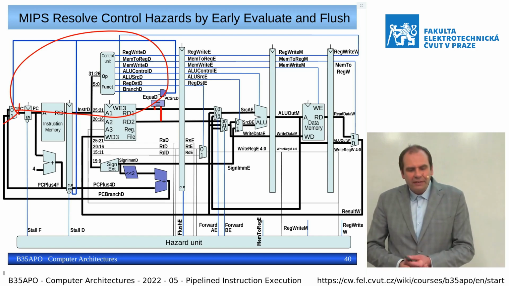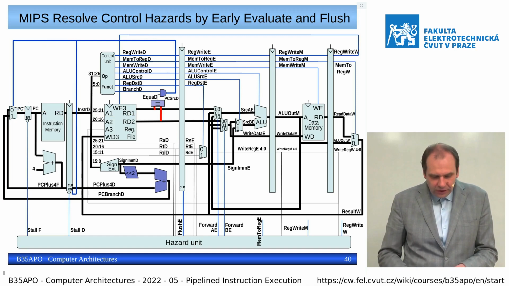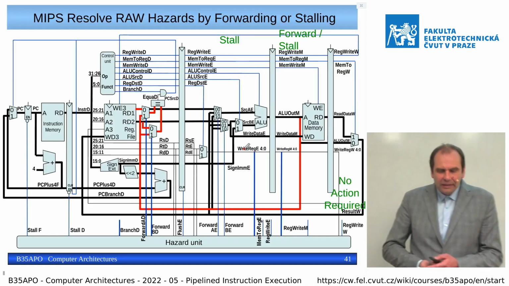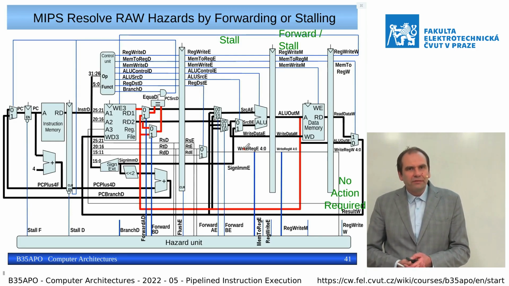So in fact we have only a single instruction which needs to be flushed, and in the case of MIPS, they decided that we execute one instruction after a branch unconditionally.